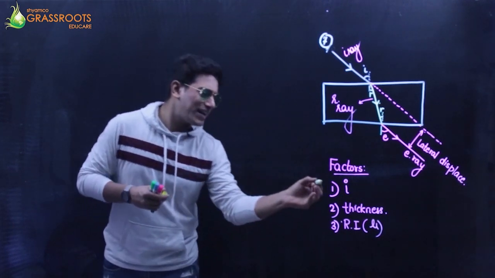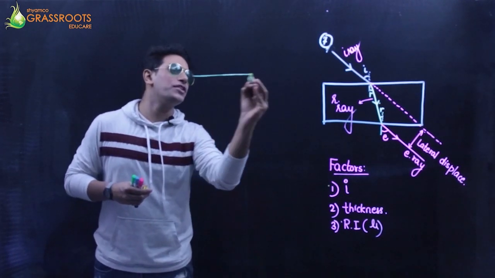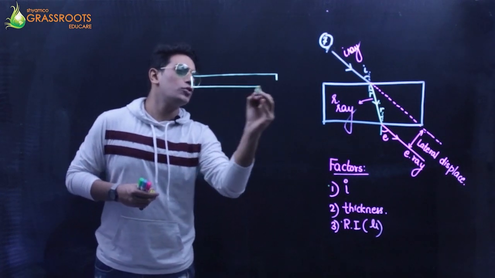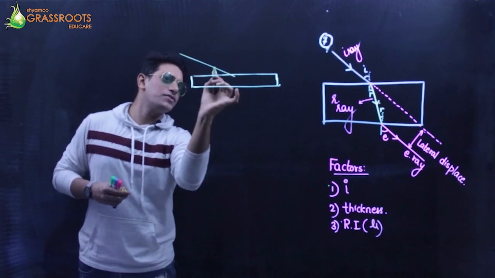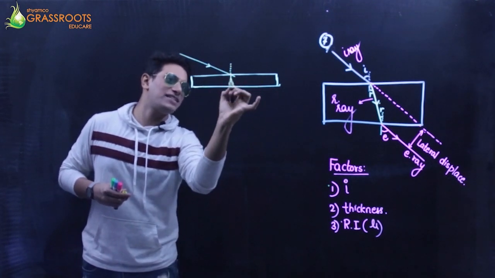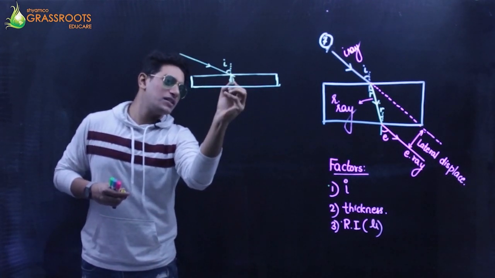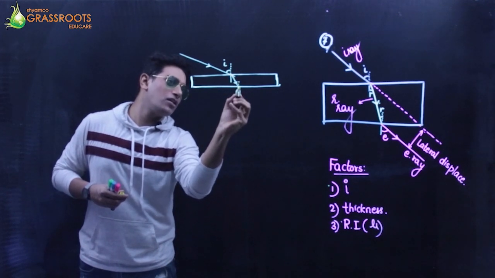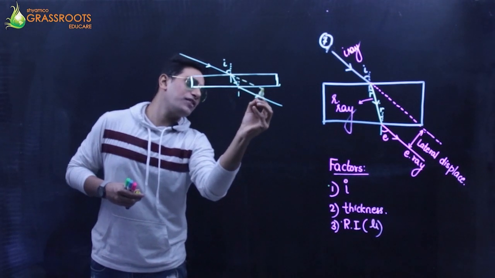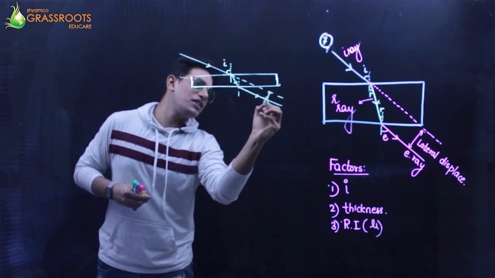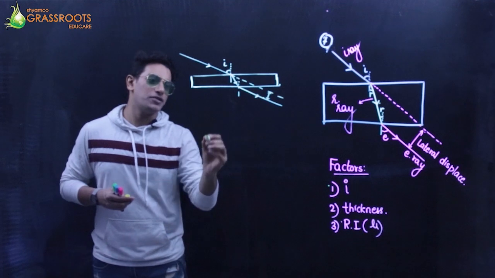Now let's quickly study the angle of incidence. Simple. You take a glass slab. If this is the angle of incidence, it's huge in my example. This is the bending and another bending. Now observe this. If I trace it forwards, this is the lateral displacement.